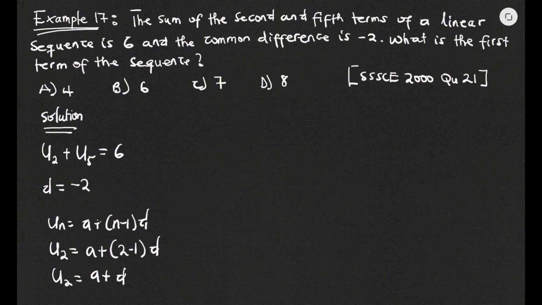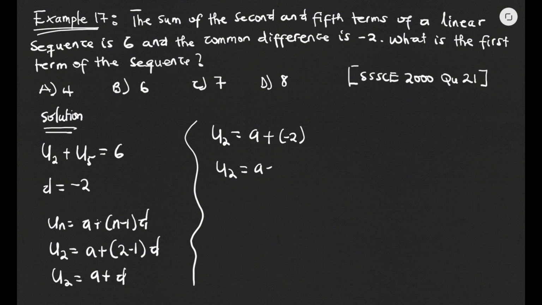So let me just continue that. I didn't do the substitution of d over here, but it means we have a plus d, where d is -2, and so u2 is equal to a minus 2. Let's make this our equation 1.